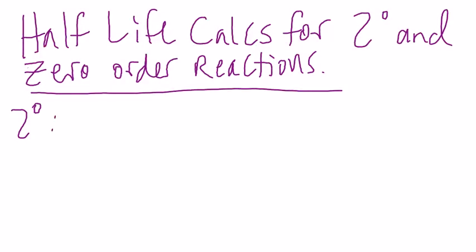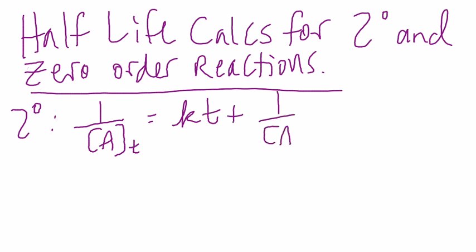So for a second order reaction, the integrated rate law is 1 over A at time T is equal to KT plus 1 over A naught.